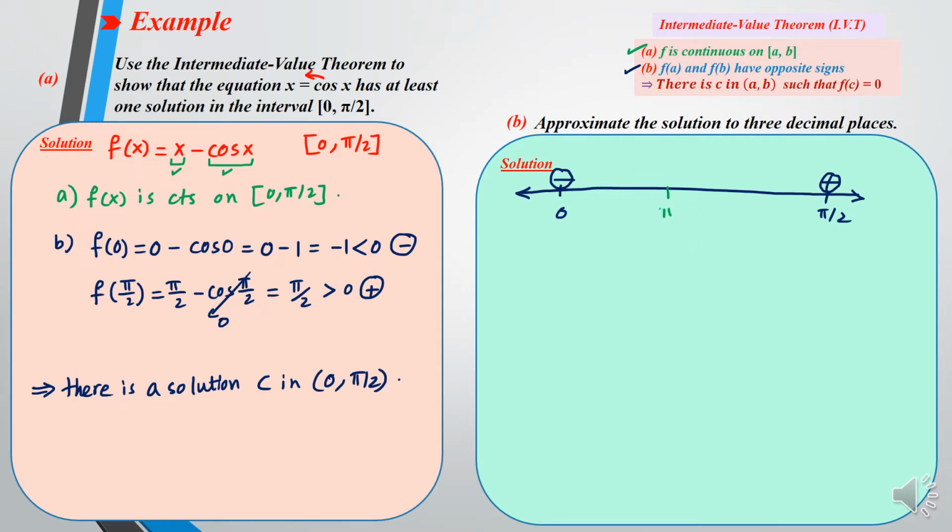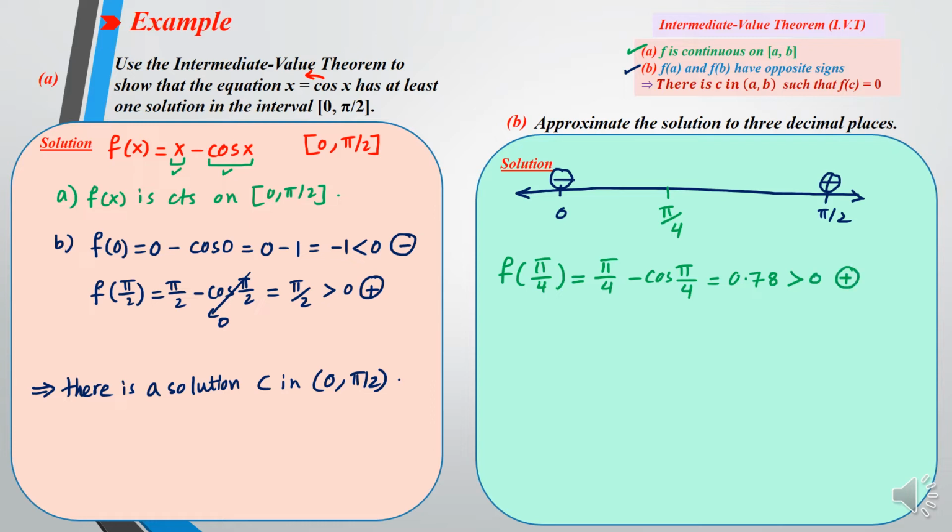So here we have pi over 4, and you have to plug in pi over 4 in the function we have. You will get pi over 4 minus cosine pi over 4, and you have to use a calculator to find it, and this is equal to 0.78, which is greater than 0, which is positive.